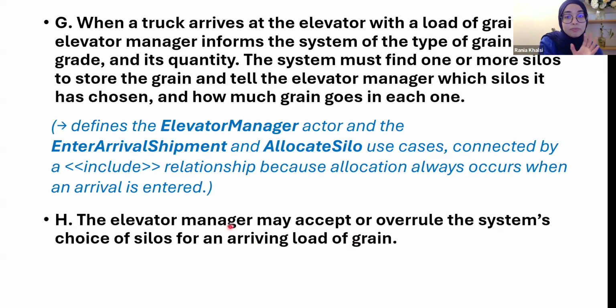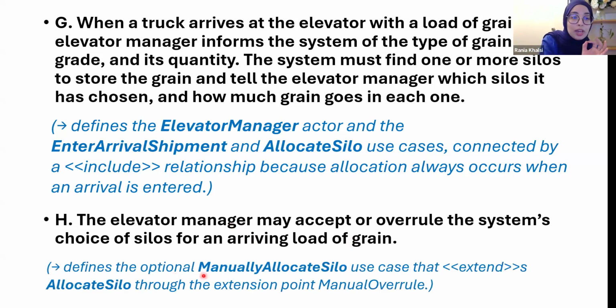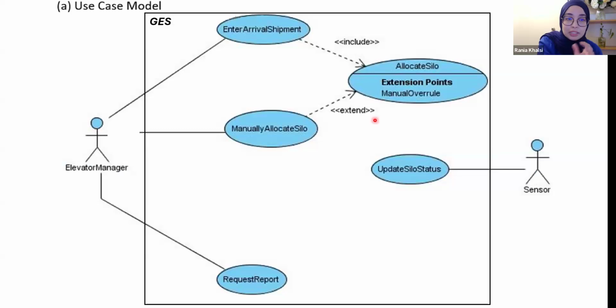The elevator manager, from a given use case, can do or cannot do that. So here, there is the optional manually allocate silo use case. It extends the allocate silo through the extension point, which is a manual overrule. Okay, so here I will come back to this use case, but it has what we call an extension point.